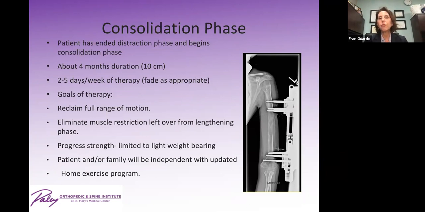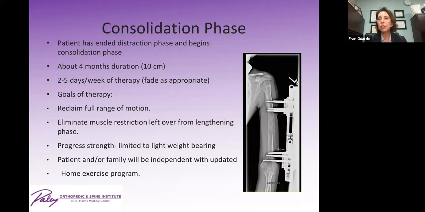Let's talk about a child first. If you have a child, the ratio is about 1-to-1. So if there was a 4-month distraction phase, the consolidation phase is going to be about 4 months also. Rule of thumb, but the X-ray is what's determining it, not the calendar.